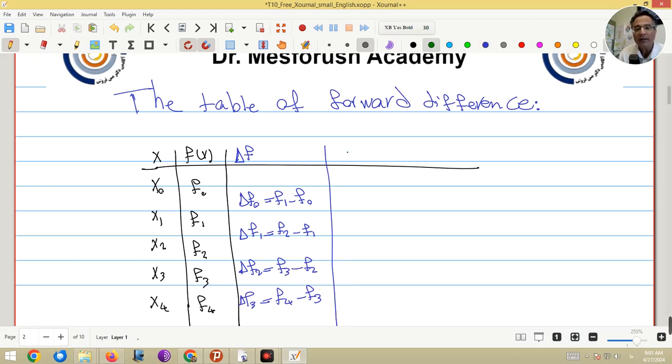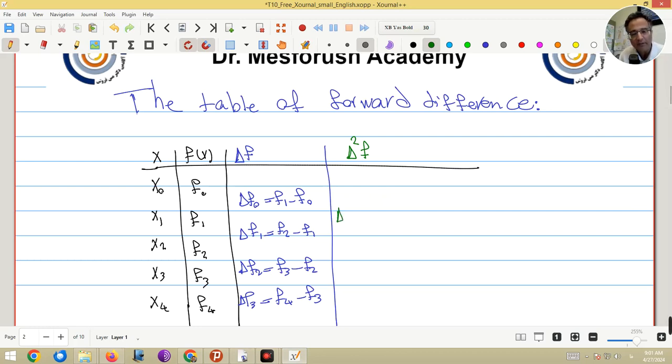Now I can compute delta squared f, for example delta squared f0, from this one and this one.